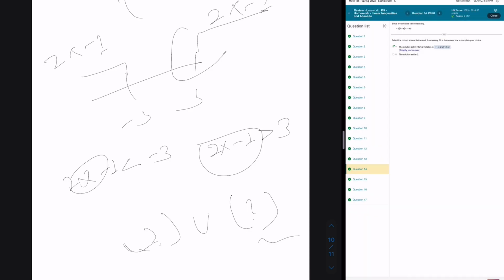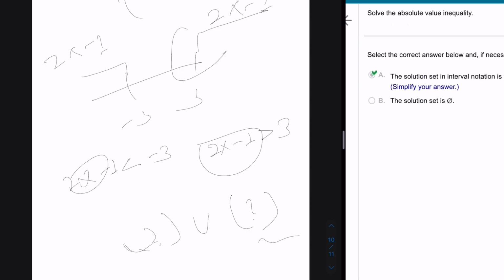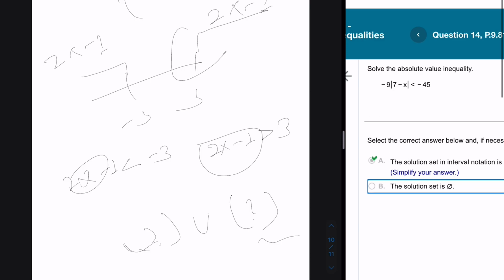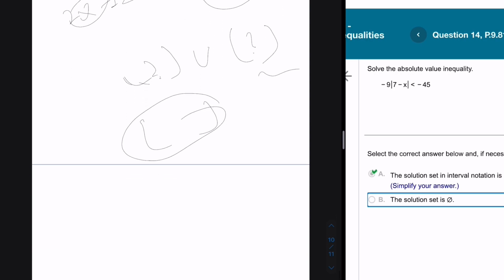Now let's go to question number 14. It's the same thing, and now the absolute value is smaller. The absolute value is smaller, so our interval will only be this. Yeah, first divide by minus 9 on both sides. Oh, okay. If you are dividing by a minus sign, then the inequality sign will change.